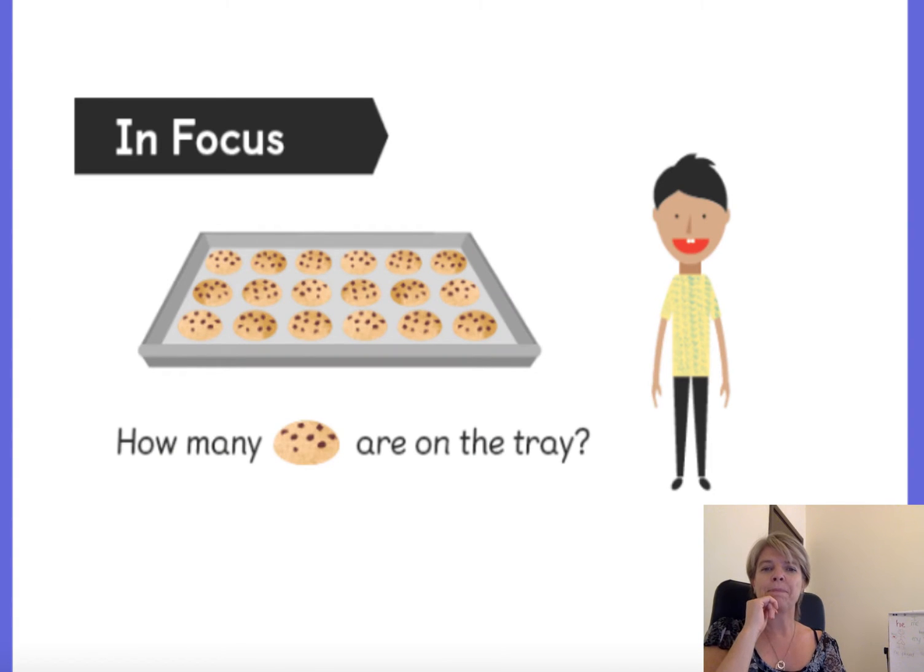Let's have a look at the boy. He wants to know how many cookies are on the tray. How could we work it out? You see if you can work it out.